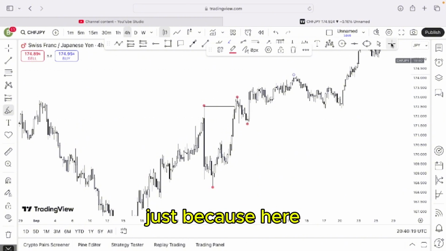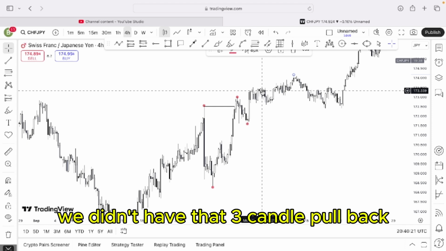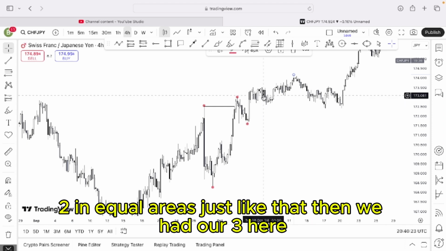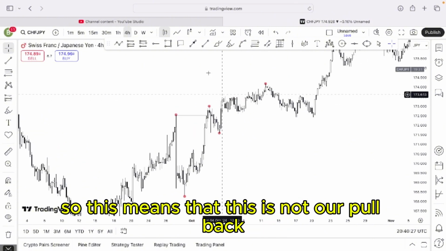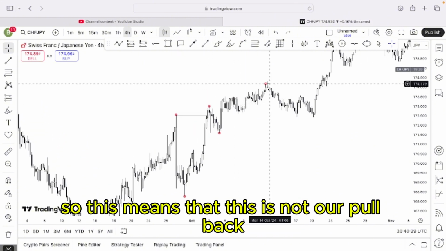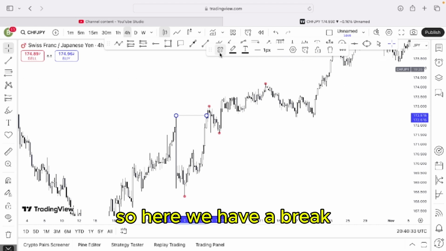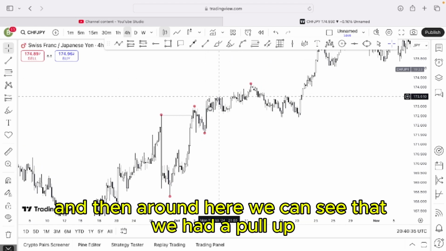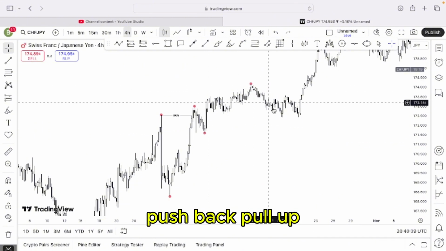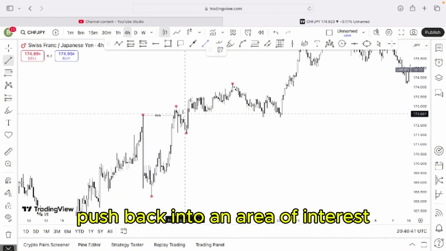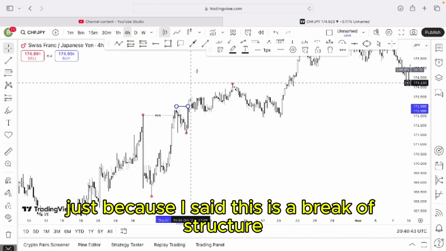Just because here we didn't have that 3 candle pullback. As you can see, we had 1, 2 in equal areas, just like that, and then we had our 3 here. So this means that this is not our pullback, and then this is our overall pullback that is valid. So here we have a break, and then around here we can see that we had a pull up, push back, pull up, push back into an area of interest, just because I said this is a break of structure, guys.